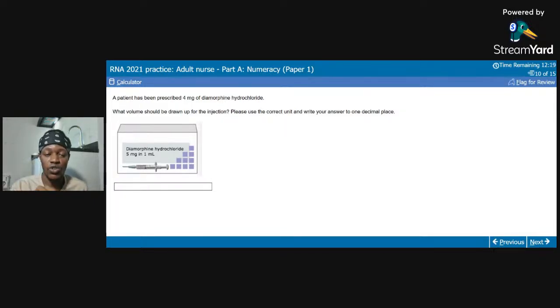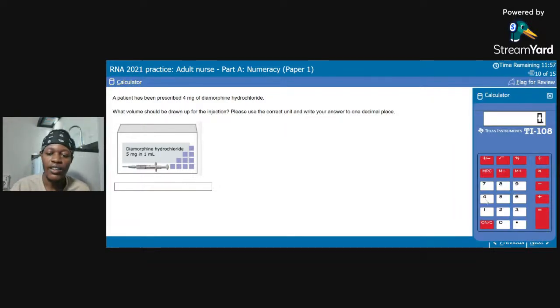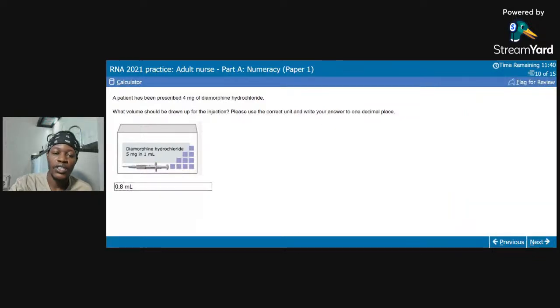What I'm basically doing is cross multiplication. 5 times x, 5x equals 4 times 1, which equals 4. So to get x, you have to divide 4 by 5. So 4 divided by 5 is 0.8. And the question says to write it to one decimal place. So we're going to give 0.8 ml. Hope you understand.